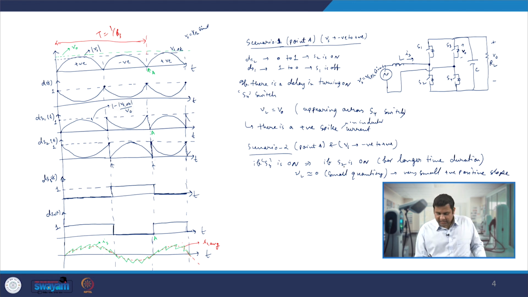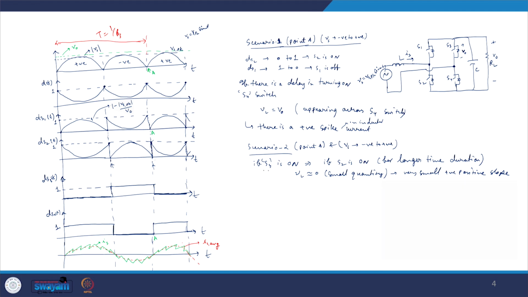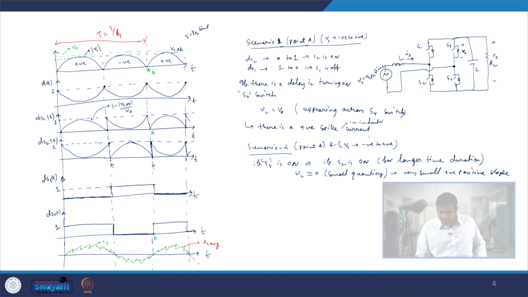Now since S2 is closer to 1, we have now moved somewhere here. After S4 is on, we have moved some time.